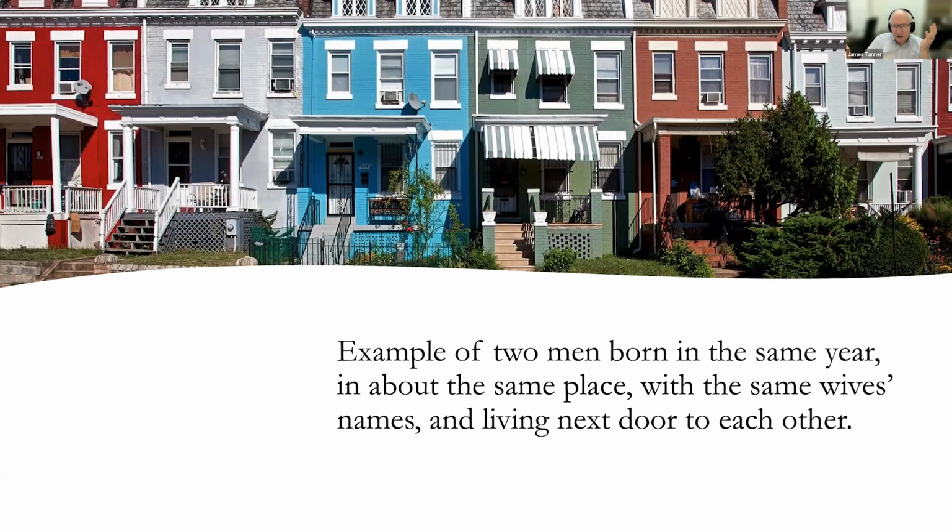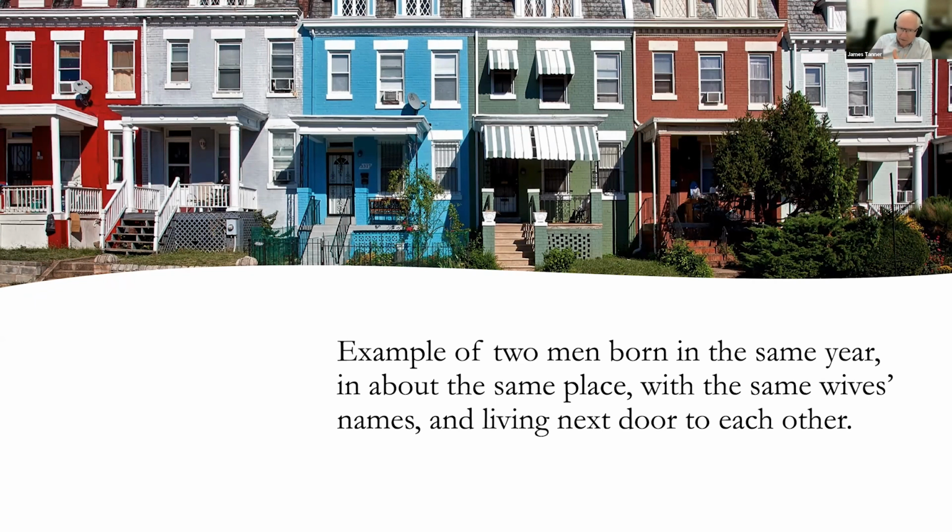So here's the ultimate example, and I alluded to this a moment ago. When I got through the process of looking at the two individuals, they had the same names. They had very, very similar birth dates. They had wives who had the same names. They had children who matched in having the same names.